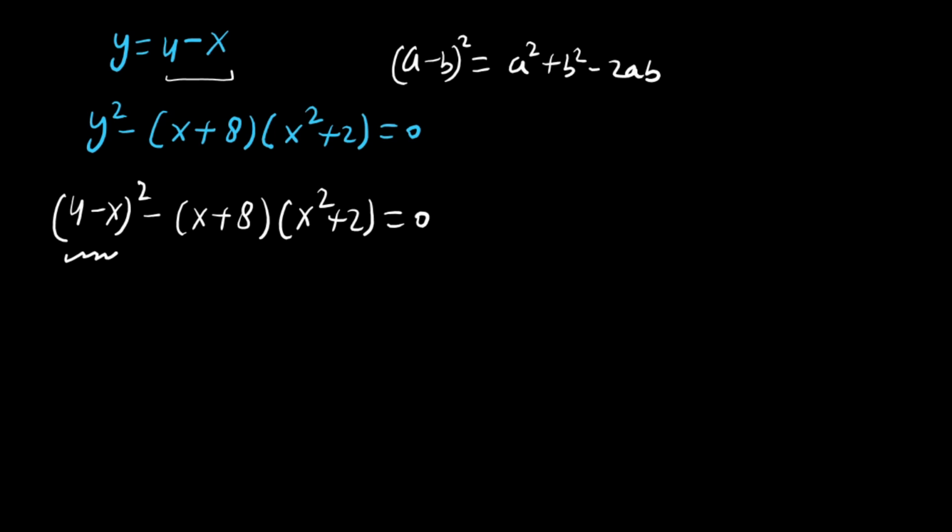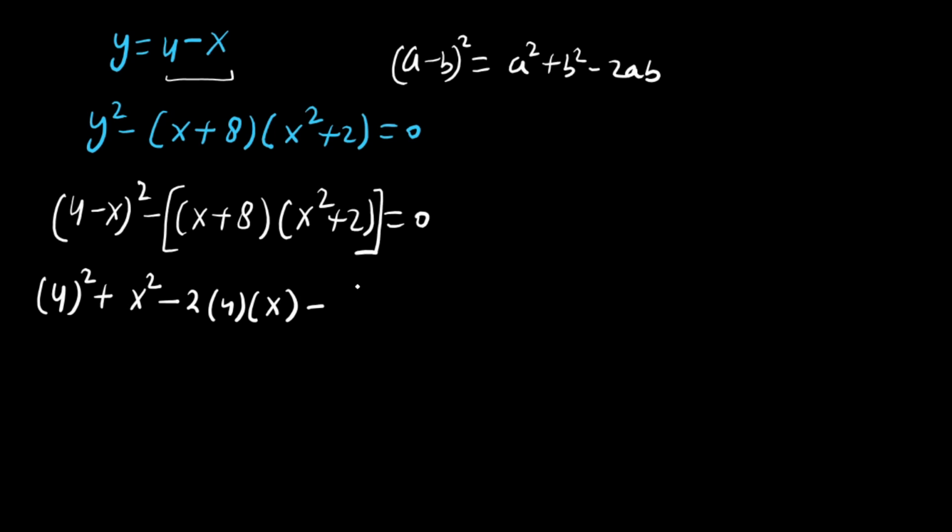Now applying this identity, 4 square plus x square minus 2 times a, that is 4, and b, that is x, then minus; first we multiply these binomials: x is multiplied by x square plus 2, and then plus 8 is multiplied by x square plus 2, equals 0.